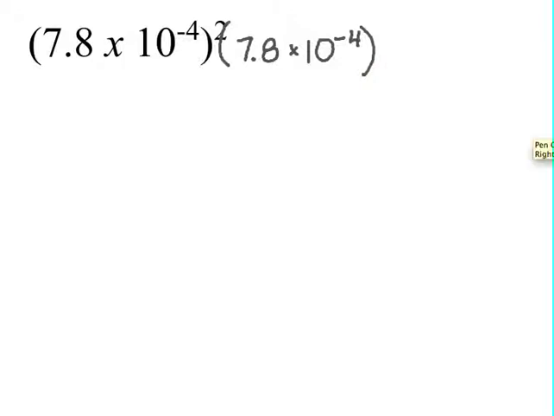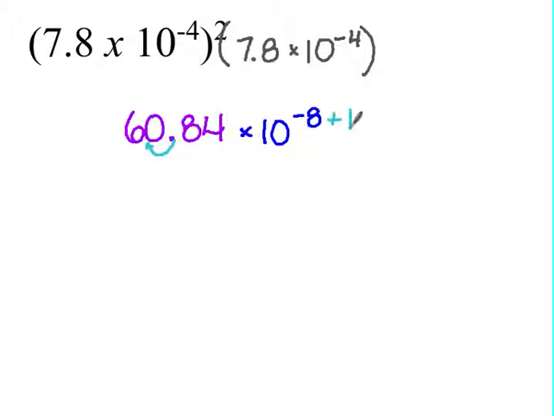And when I do that, I get 60.84. What am I going to do with my exponents? And I get negative 8. What do I do with the 60.84? Once to the left, and so then I'm going to add 1 here. And so I should get 6.084 times 10 to the negative 7.